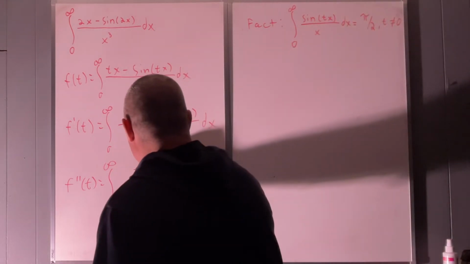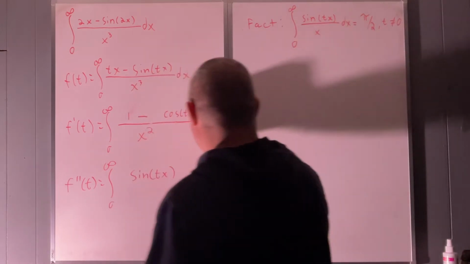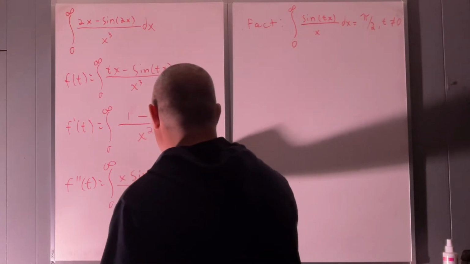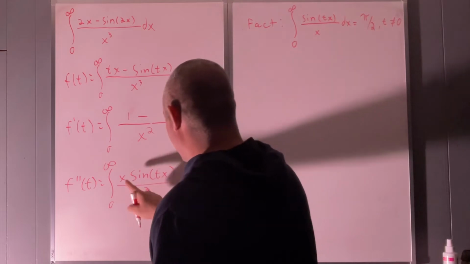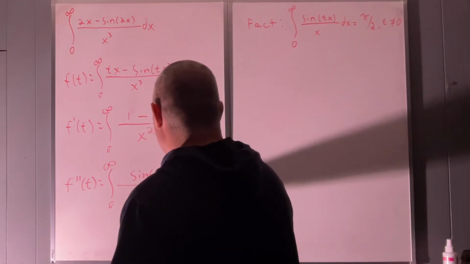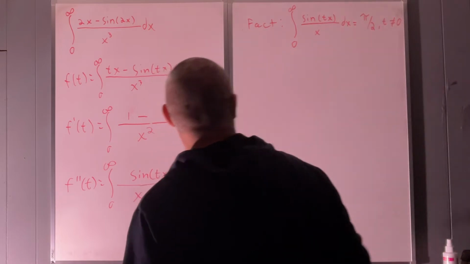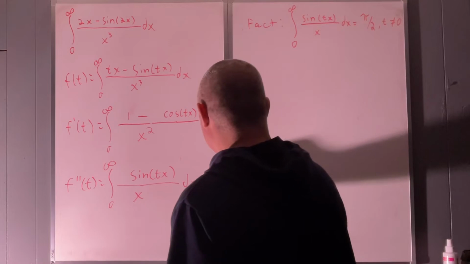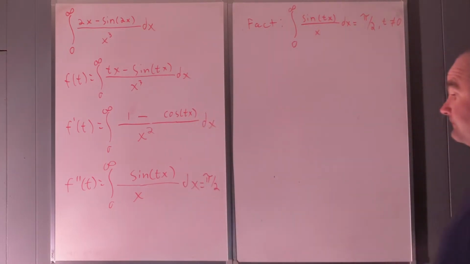So we'll get positive sine tx times the derivative with respect to t of tx, which is x, over x squared dx, and of course that cancels. So now we're left with this, which, as I stated earlier in the video, is equal to pi over 2 for all values of t not equal to 0.